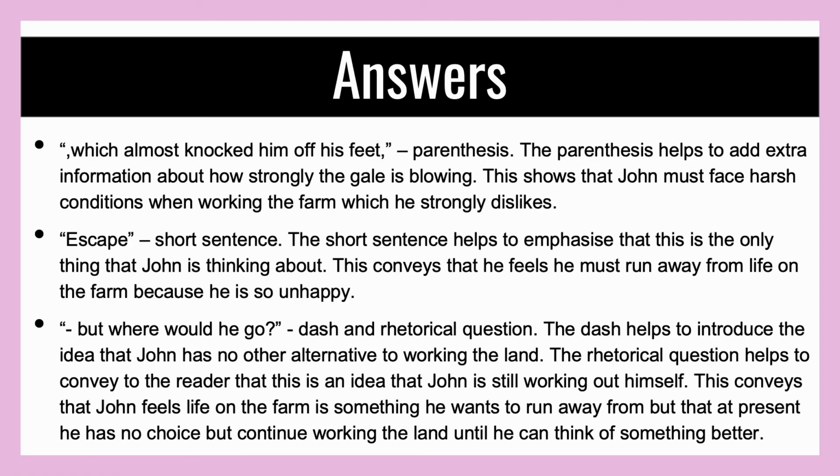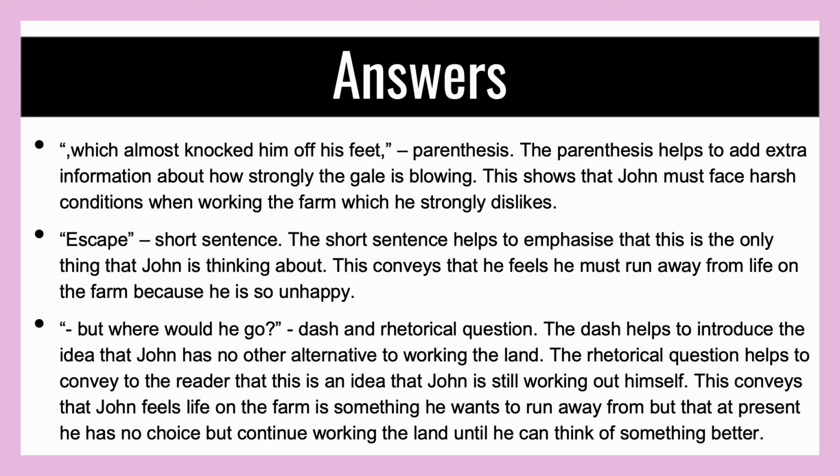Comma, which almost knocked him off his feet, comma, parenthesis. The parenthesis helps to add extra information about how strongly the gale is blowing. This shows that John must face harsh conditions when working the farm, which he strongly dislikes. Escape. Short sentence. The short sentence helps to emphasise that this is the only thing that John is thinking about. This conveys that he feels he must run away from the life on the farm because he is so unhappy.